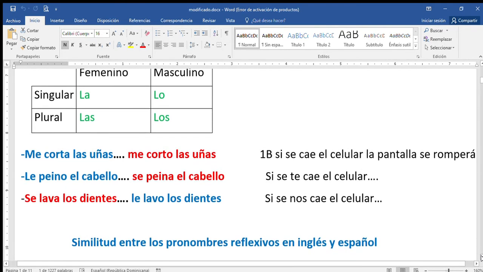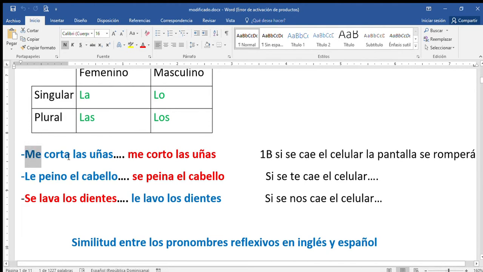Well, basically grammar says that a reflexive pronoun is when in a sentence you have an action and that action of the verb goes to the person that is doing it. That is basically our reflexive pronouns. For example, we have right here, "me corta las uñas". When you say "me corta las uñas", you are talking about the pronoun I, the yo.